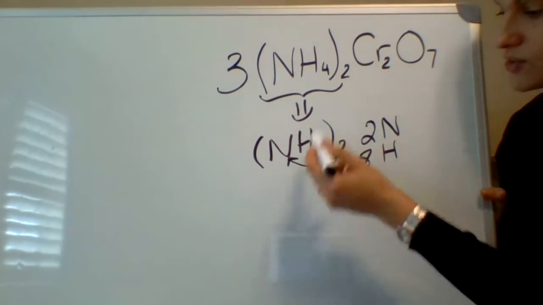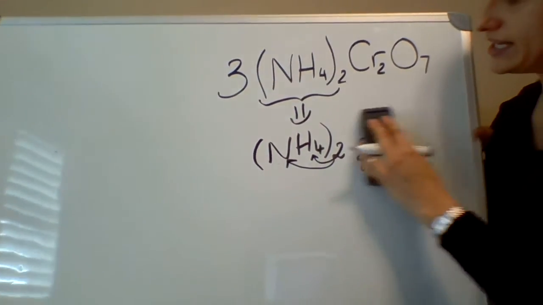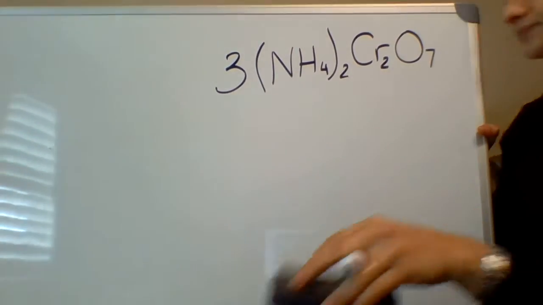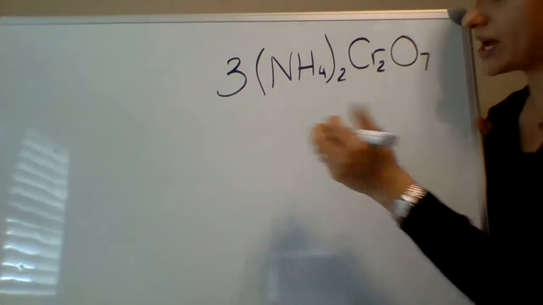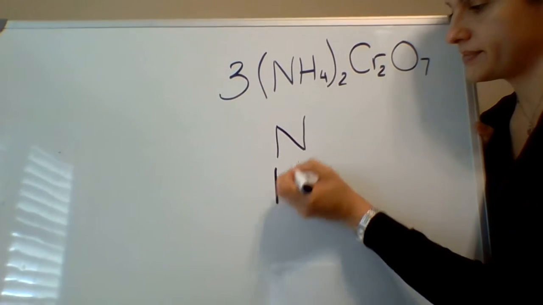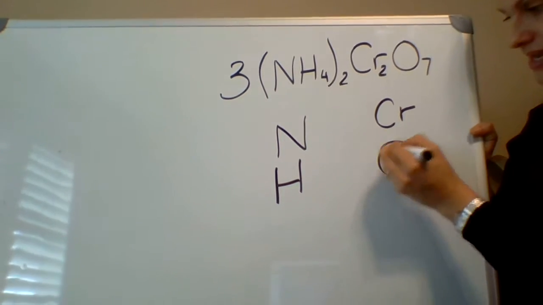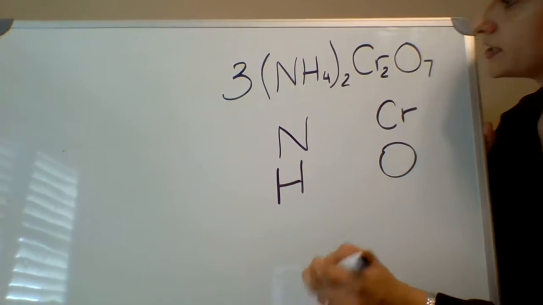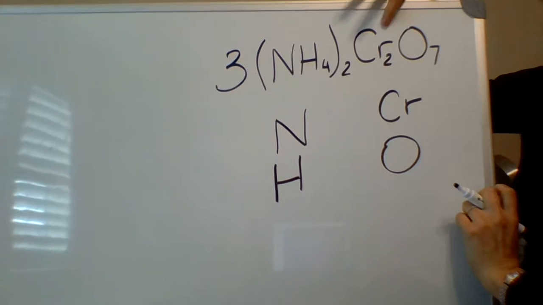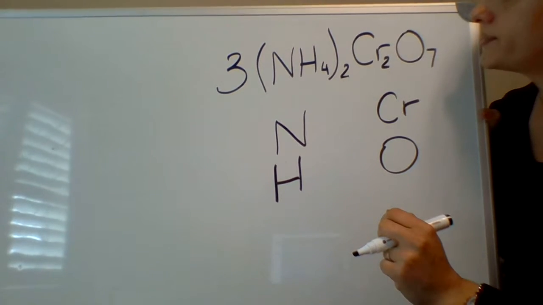Okay? So now that you know this, let's look at the compound in its entirety. So I'm going to ask you, well, how many nitrogen atoms do I have? How many hydrogen? How many chromium? And how many oxygen? Let's do the chromium and the oxygen first, just because there's no parentheses involved with them and they're a lot easier to do.